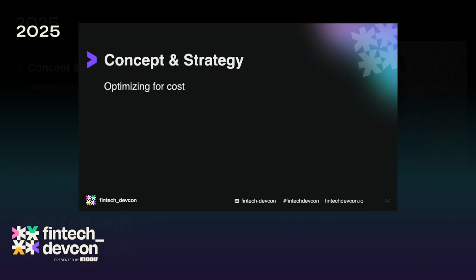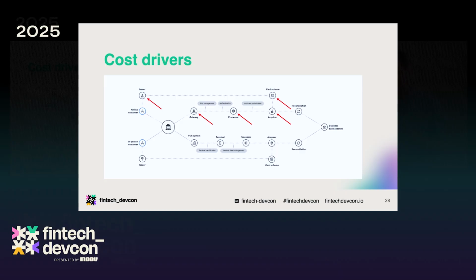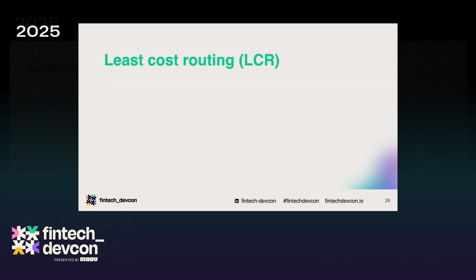Zooming in on these a little bit closer, we start with optimizing for cost. We've seen each of these parties here in this graph, they take a fair share of their fees. Some do more than others. So in some cases, we can optimize for that and maybe bring down the fees a little bit while not sacrificing our authorization rates. So for costs, one strategy would be least cost routing, or LCR for short.